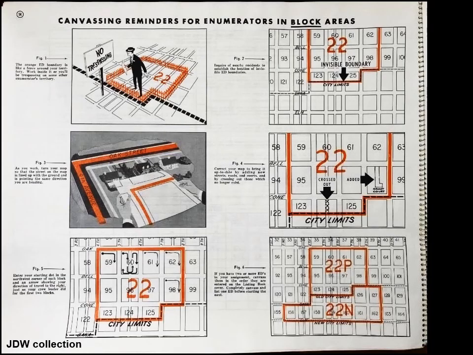And here are some diagrams from the training manual. This is in both the urban and the rural training manuals. It shows blocks and how to treat blocks and the boundaries of blocks.